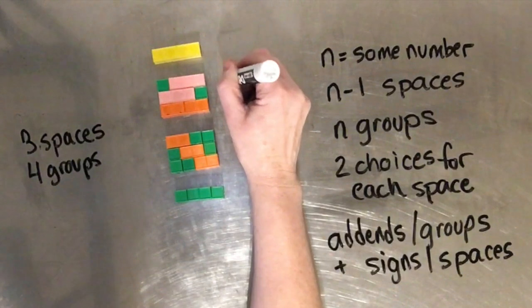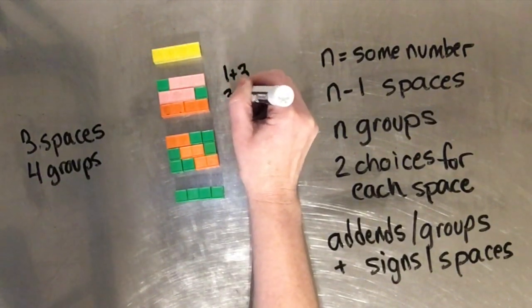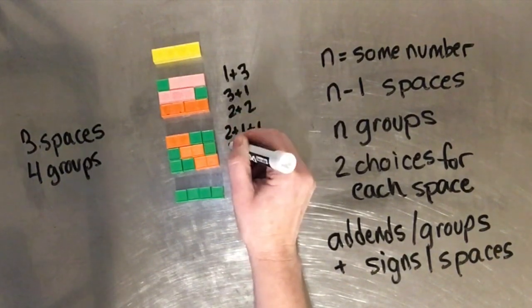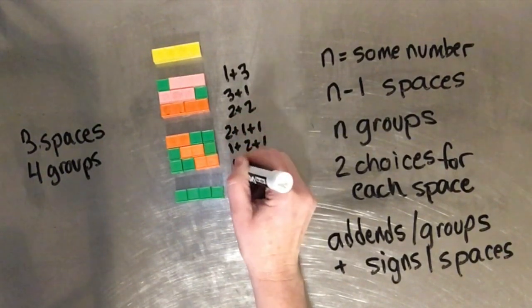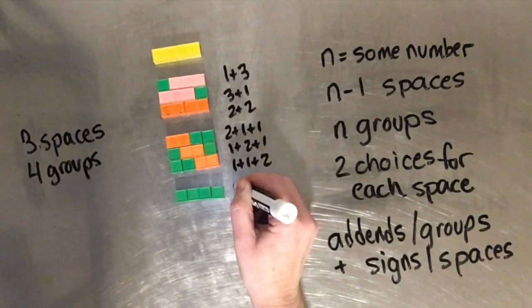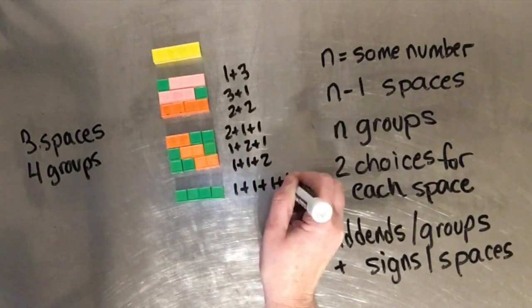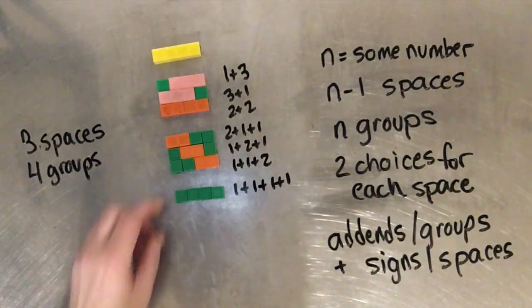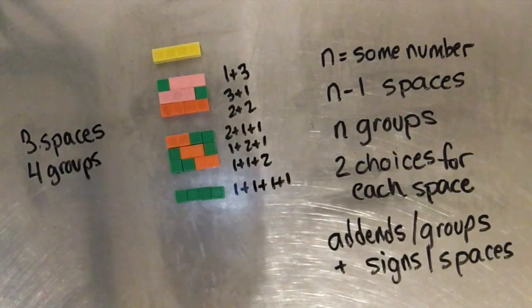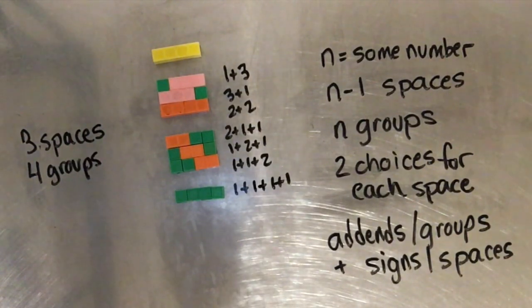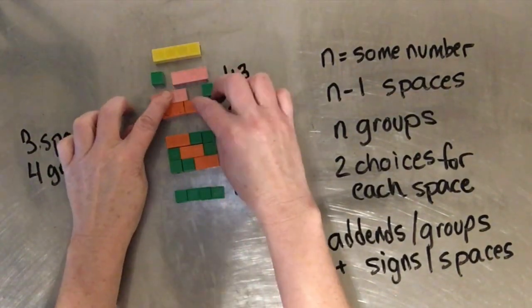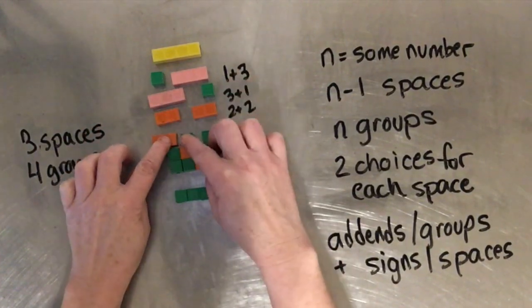So this would be 1 plus 3, 3 plus 1, 2 plus 2, and then you've got 2 plus 1 plus 1, 1 plus 2 plus 1, 1 plus 1 plus 2, and 1 plus 1 plus 1 plus 1. So when they're doing it with the colored blocks versus just the green units, you're really looking at add-ins and plus signs rather than just spaces and groups. Although, if you wanted to, you could put them out in spaces and groups so that they could see that.